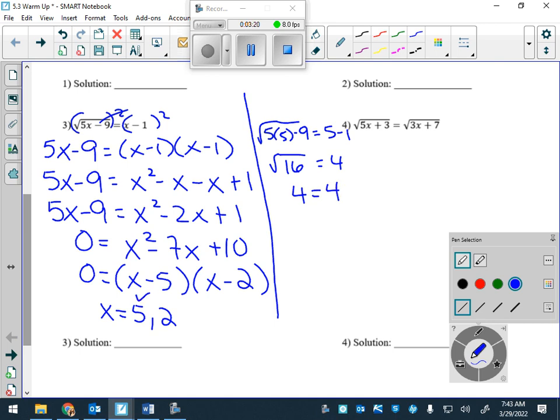So 5 does work. And we're going to do the same thing with 2. Okay, 5 times 2 minus 9. Square root of 1. Good. So Liam was right. Both do work.